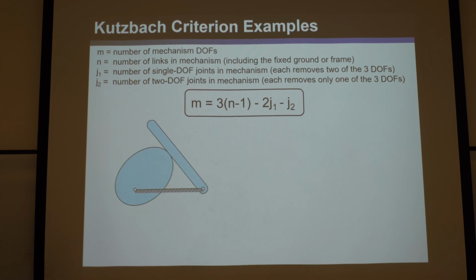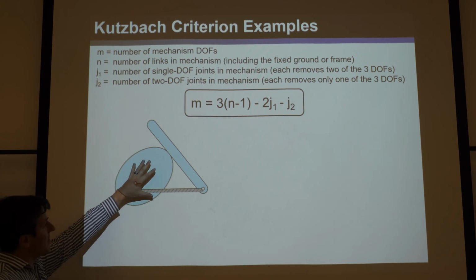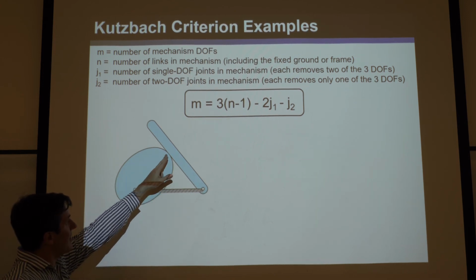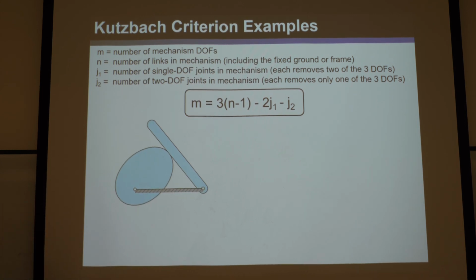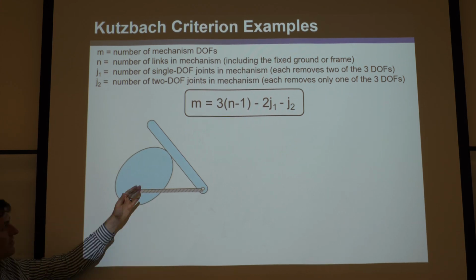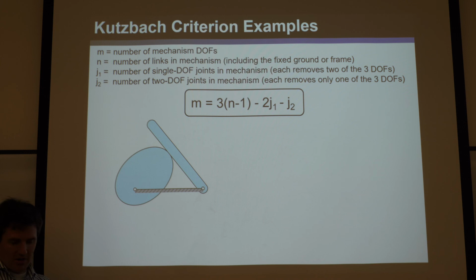So let's do this example here. Okay, so here we have, like an egg-shaped link on another link with a ground. Okay, so there's 3 here. And first of all, let me ask you, is this a mechanism? Okay, well, so it certainly consists of rigid bodies. There's 3 of them.